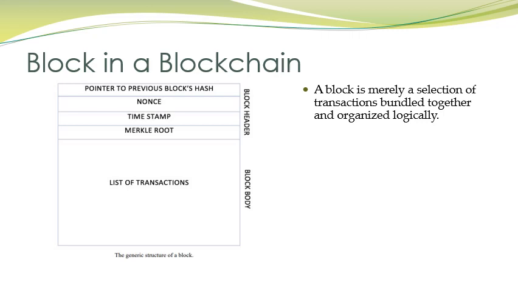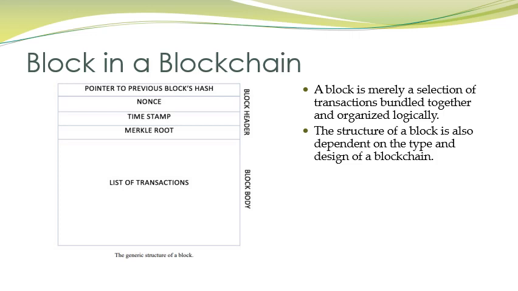Whenever we want to do some transactions, a block is created, and that block has these elements. Again, it depends on the design of the system what elements it should contain. The structure of a block is also dependent on the type and design of the blockchain. As I already said, the structure and elements of the blockchain depend on the design of the blockchain.